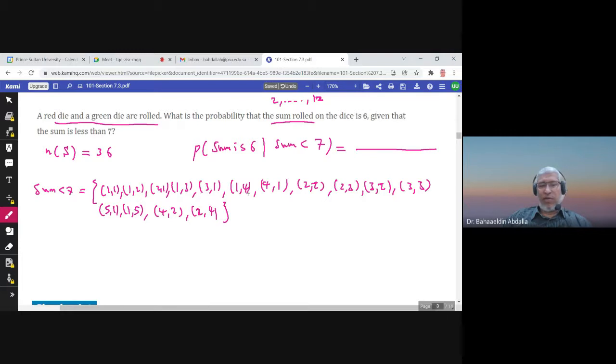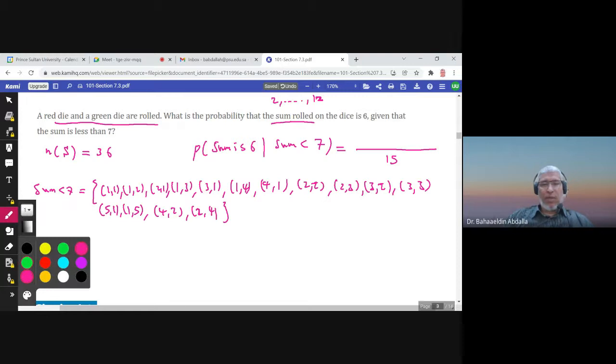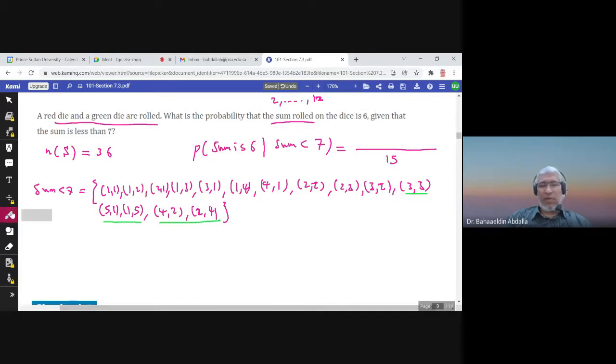If you count them, 6, 8, 10, 11, 15, we have 15 outcomes with sum less than 7. Now we need the sum to be 6 among these. So we have 3, 3, these two, and these two. These 5, the sum is 6.